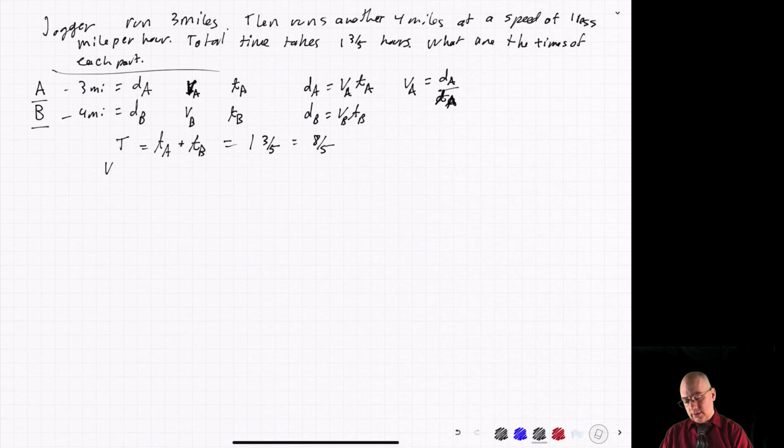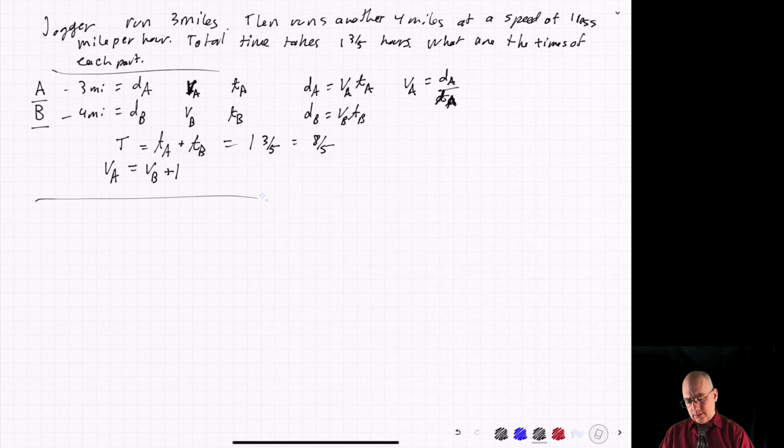And that extra thing was the velocity of A is bigger than the velocity of B, so it's the velocity of B plus 1, right? The 4 miles at a speed of 1 less mile per hour. So that plus 1. Okay? So now, this is where the fun happens.